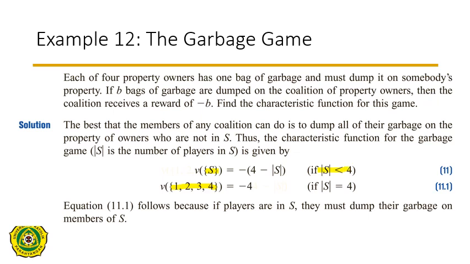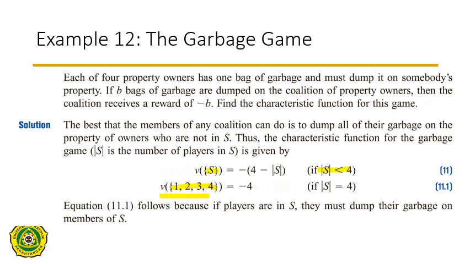Okay, and then for the empty set, it is not mentioned here, but for the empty coalition, by convention, the reward is 0. Okay, so let's see the reward that each coalition receives.